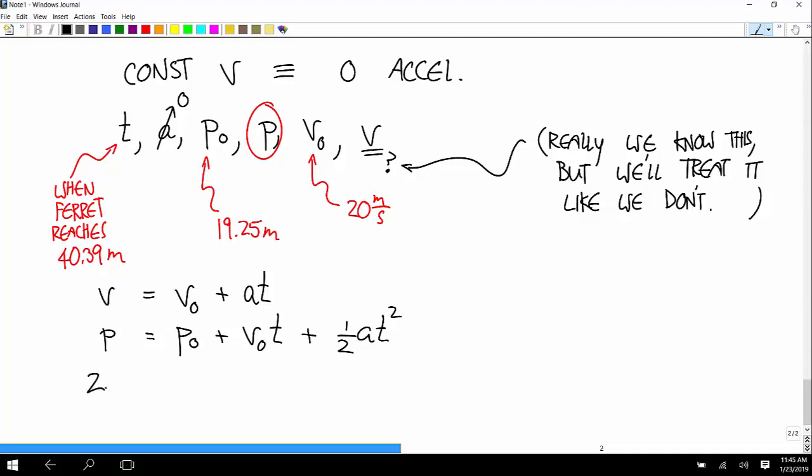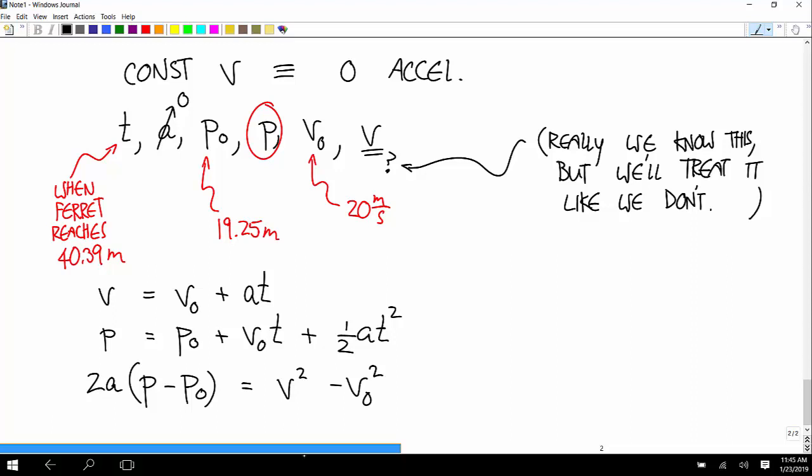And we have one that says 2A times the quantity P minus P0 is equal to V squared minus V0 squared. Do any of those work to let us solve for P? Well, we know the first one doesn't work because it doesn't have P in it. The second one doesn't work because we don't know time. And the third one doesn't work because we don't know V.